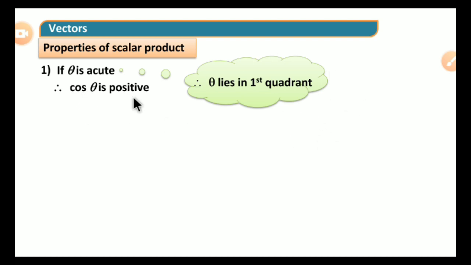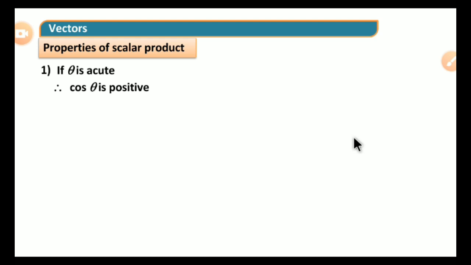So cos theta is greater than 0. And we multiply A and B, where A is the magnitude of vector A and B is the magnitude of vector B. Therefore this whole product is greater than 0, because cos theta is greater than 0 and A and B are also greater than 0.